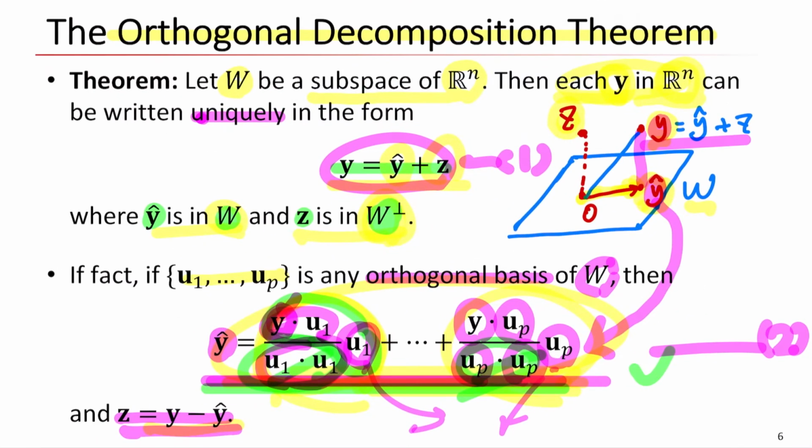This is the main idea of the orthogonal decomposition theorem. Today we will use this theorem to derive the Gram-Schmidt process.